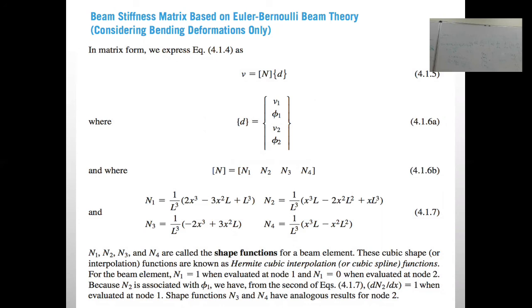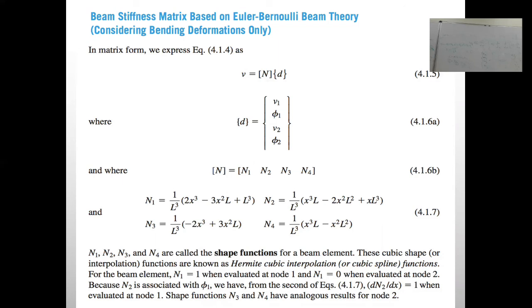Anything multiplied by V2 is called what? N3, right? Correct. Okay, so that's it.